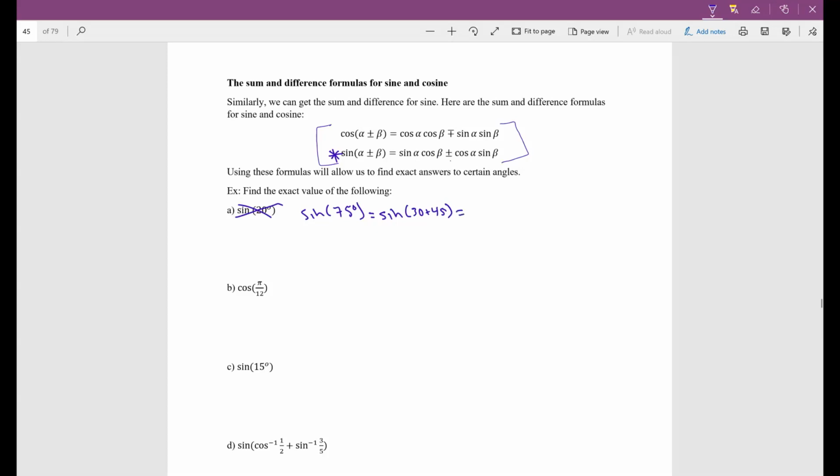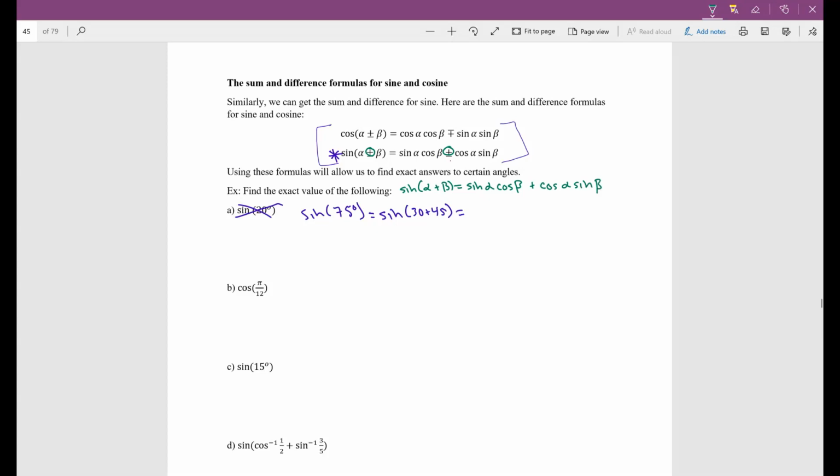If you look at the sine of alpha plus beta, let me write down the formula up here so that you guys can see. We're going to be using sine of alpha plus beta. Based on the formula, that gives me sine alpha cosine beta, and since we're using the plus, plus the cosine of alpha, the sine of beta.